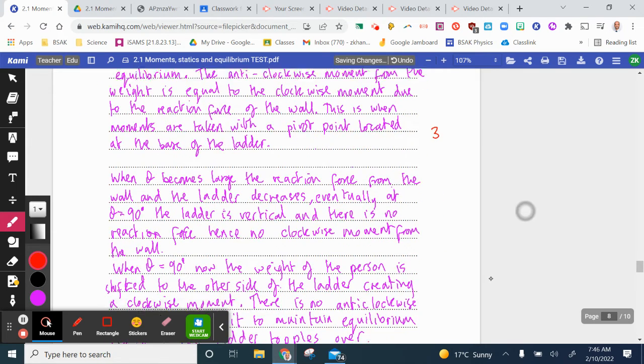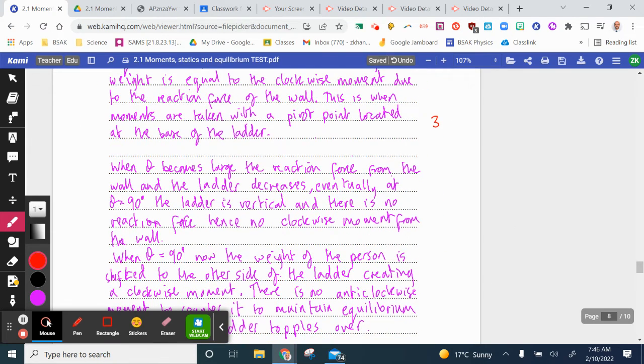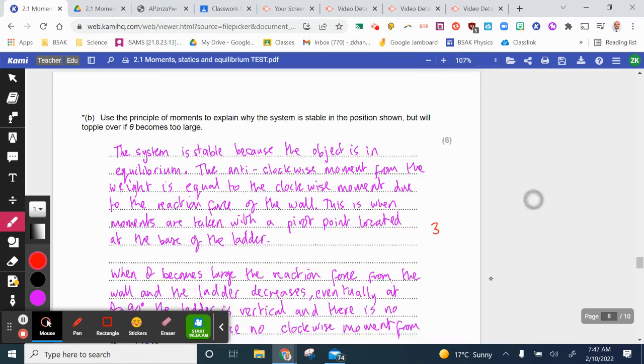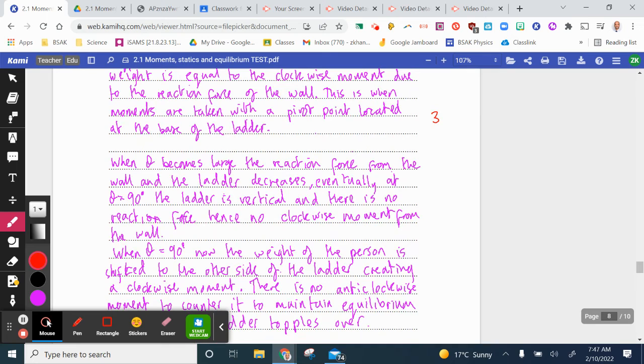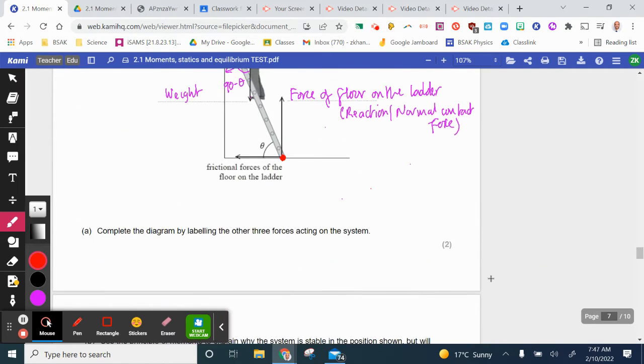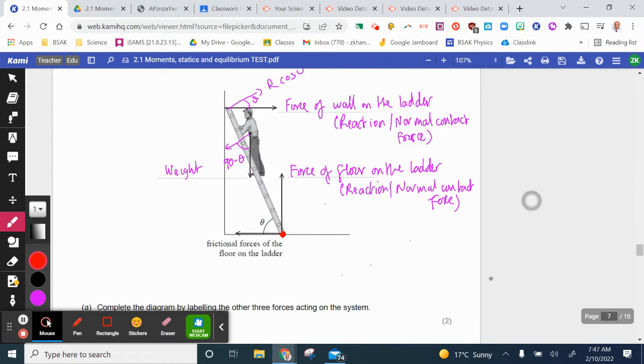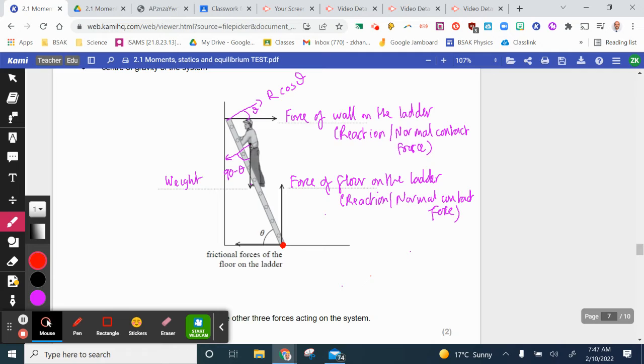Then the next part: you are looking at when the angle becomes too large to cause the object to topple over. What happens as this angle gets larger and larger is that the ladder becomes more and more vertical.